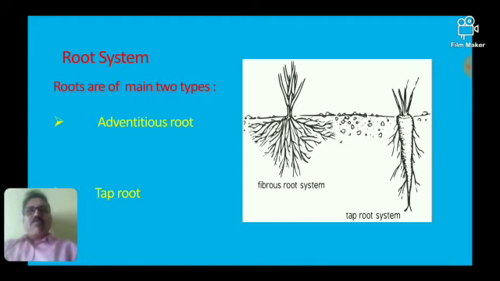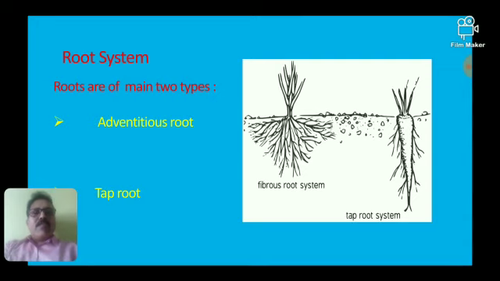It is developed from the radicle. The roots are of two main types, that is the adventitious root and the taproot. In case of the adventitious roots, the main axis has different fibrous structures, that is called adventitious roots, and in the taproot system a single main axis is developed and having many small root hairs.